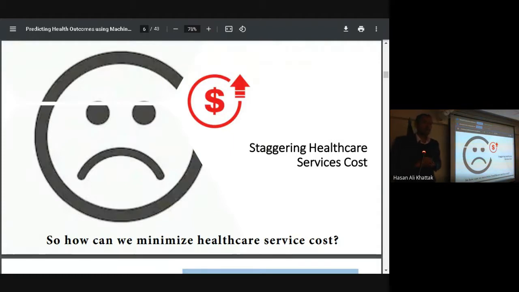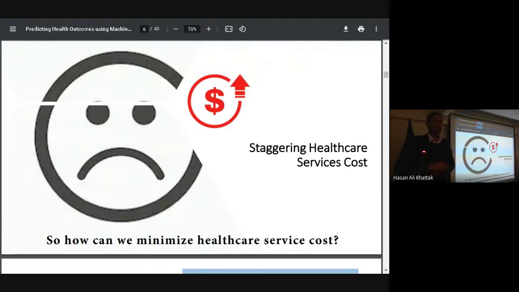Now the question is, are we getting the right return on the money that we are spending? And our analysis says people are not happy. The quality and value of healthcare is not as optimal as those who are spending anticipated.